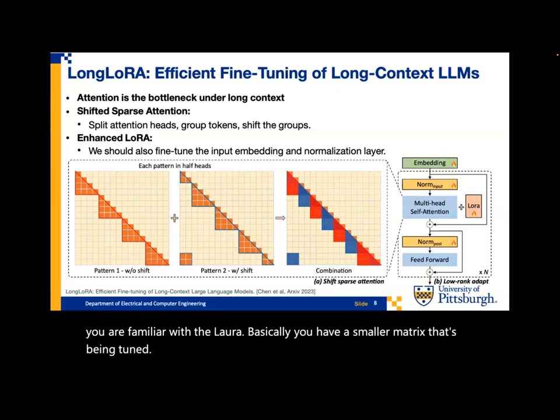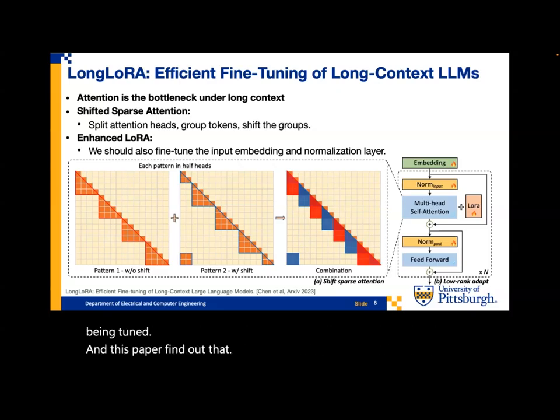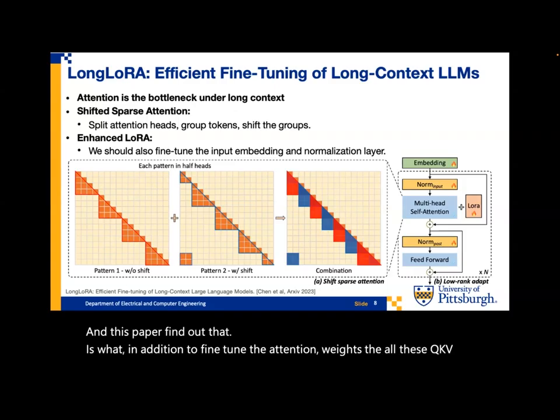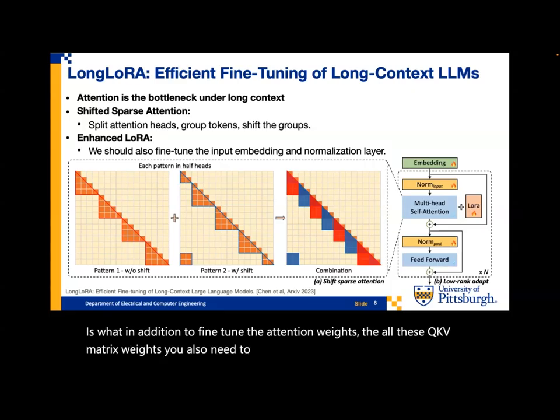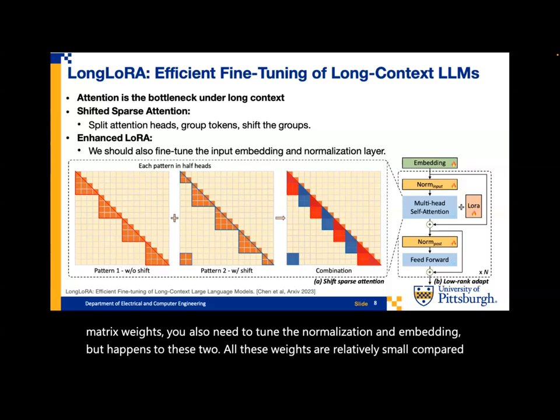And this paper found that in addition to fine tuning the attention weights, all these QKV matrix weights, you also need to tune the normalization and the embedding. But all these weights are relatively small compared to the QKV matrices.